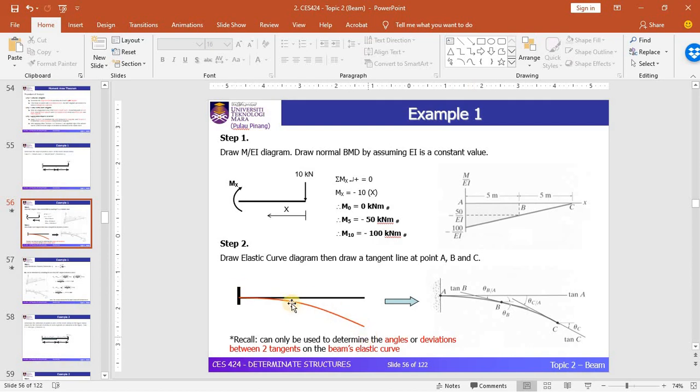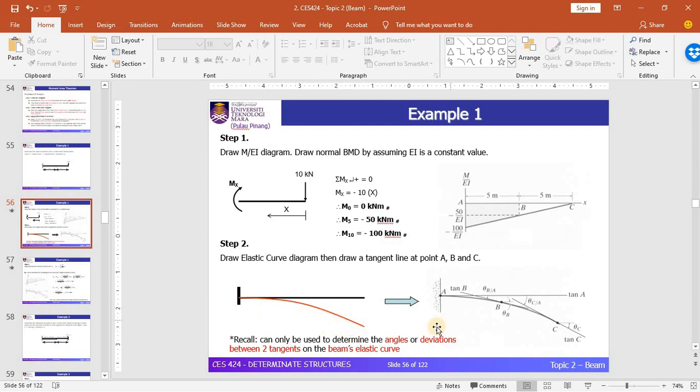You can grab your ruler, hold one end and push at the free end by hand. You will get the same shape as what you can see in the slide in the red line here.